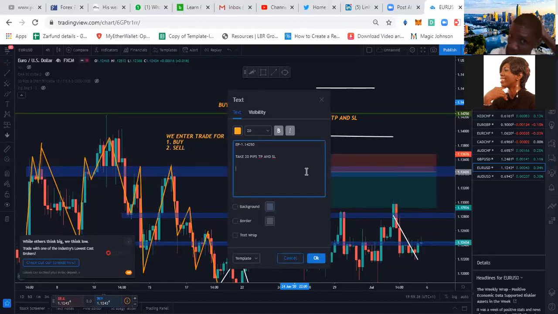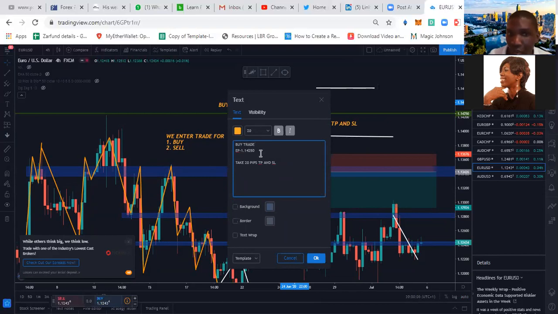Considering that you are in a buy trade, you know that your TP for a buy trade is above your entry price.